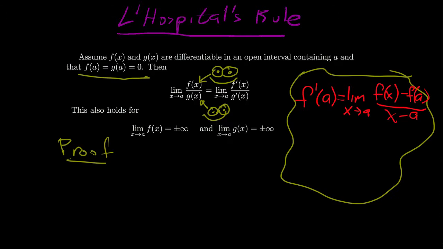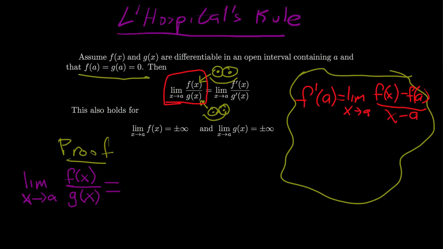Okay, so let's start off with this guy right here. Let me change the color. That's a little dark for my eyes. Okay, so we've got the limit as x approaches a of f of x over g of x.